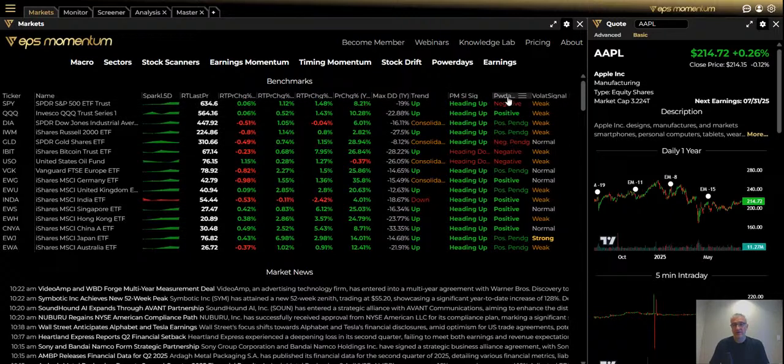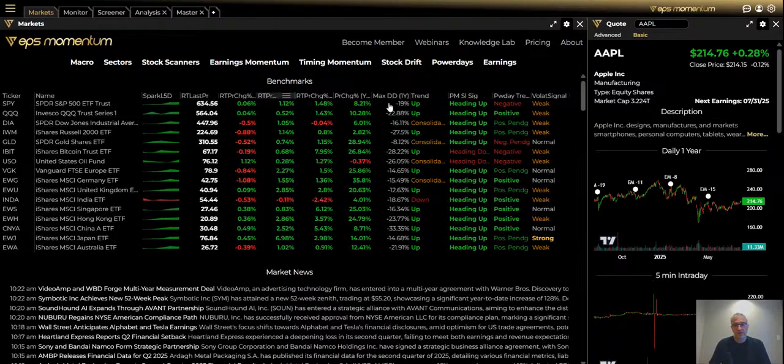And then you have the power days. So the power days is really, and we'll go into details, how we measure major player entering into the underlying and defining a trend. Then the volatility signal. So when it's weak, you could expect that it's the calm before the storm type of scenario.